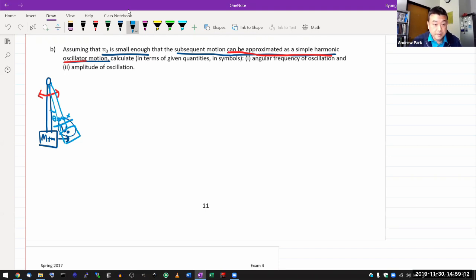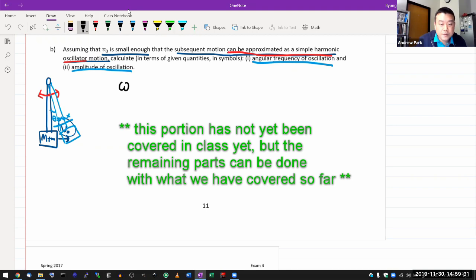It says to calculate, in terms of given quantities in symbols, the angular frequency of oscillation and the amplitude of oscillation. Well, angular frequency, you're not actually calculating, you're just recalling, memorizing the formula: the angular frequency of a pendulum is given by the square root of gravitational acceleration g divided by L.